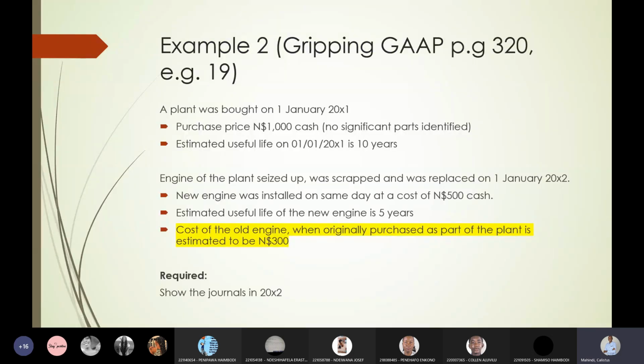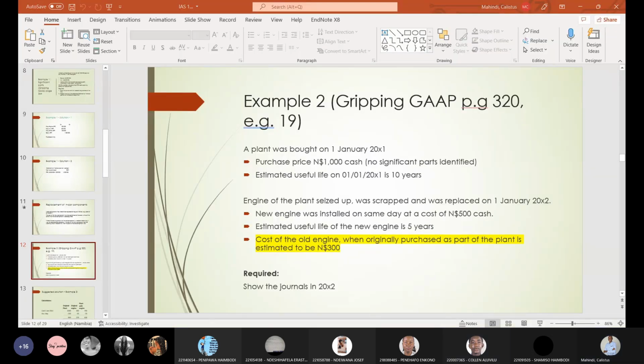Let's just look at the old plant. So let's look at 20X1. What would be the journal entry on 1st of January 20X1? Debit PPE and credit cash. That's 100% correct.